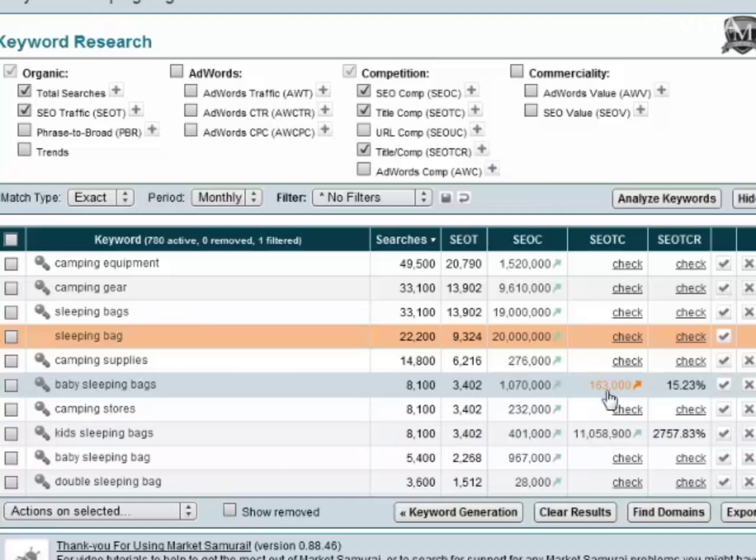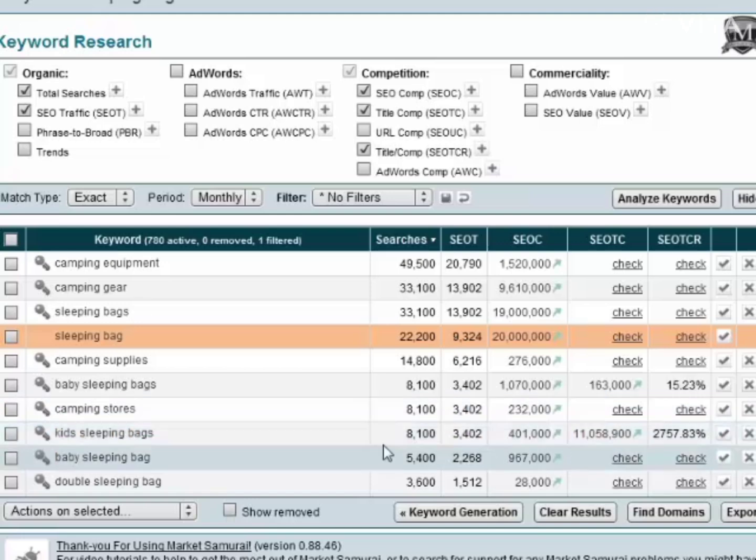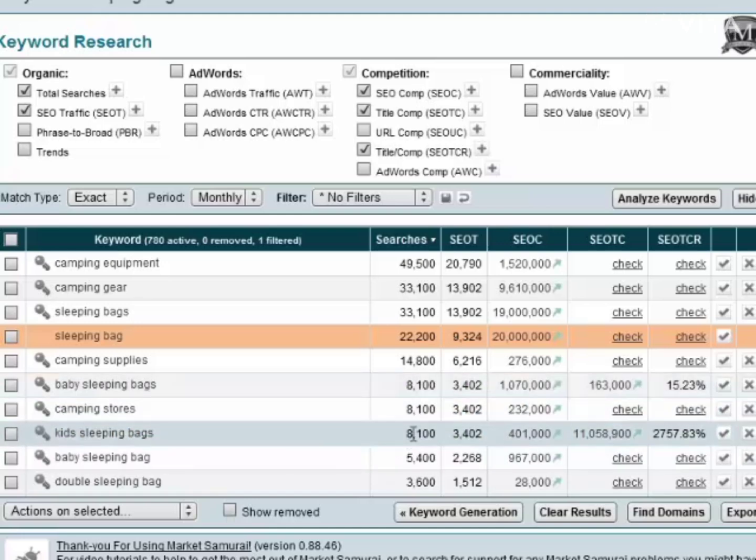So this one has 100 times the amount of competition, if my math is correct. I think it is, yeah. So there's 100 times more competition for kids sleeping bags, but look at the traffic. They're the same. They're both 8,100 searches per month, and that's on exact. So baby sleeping bags right now looks like a great term to possibly go after.